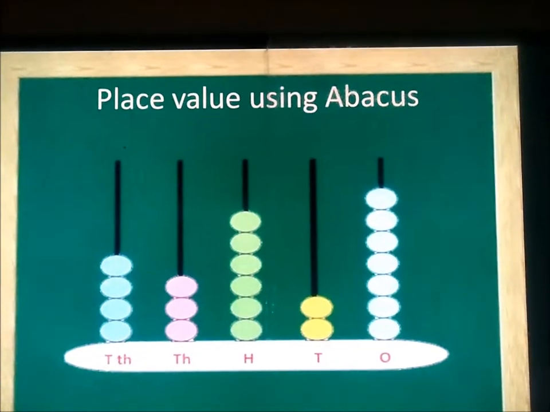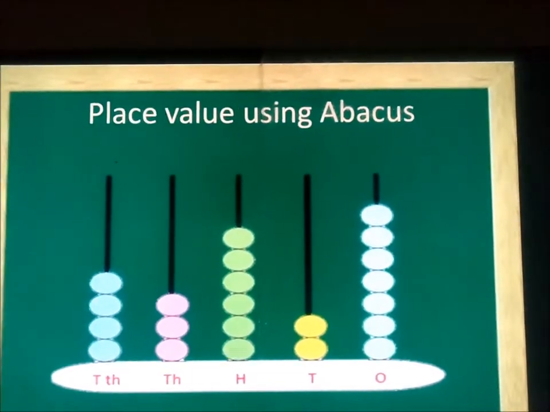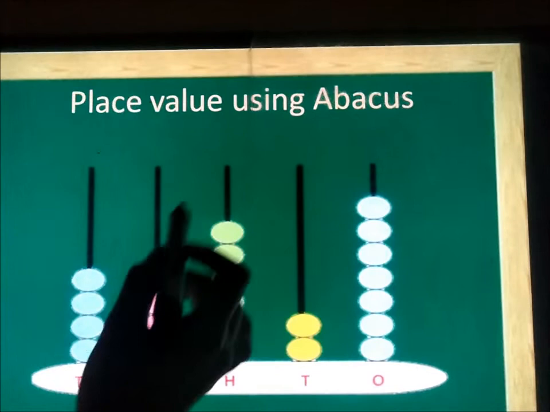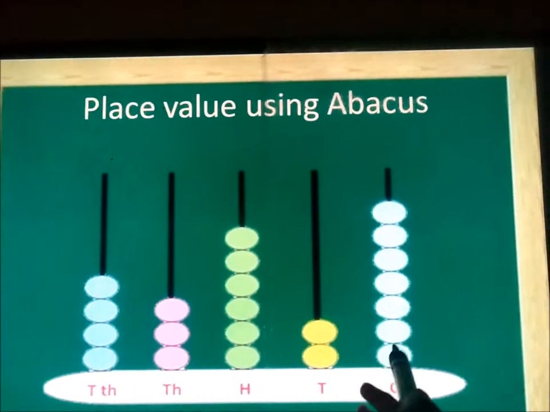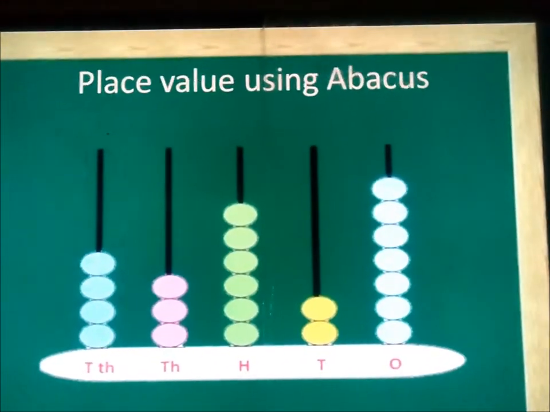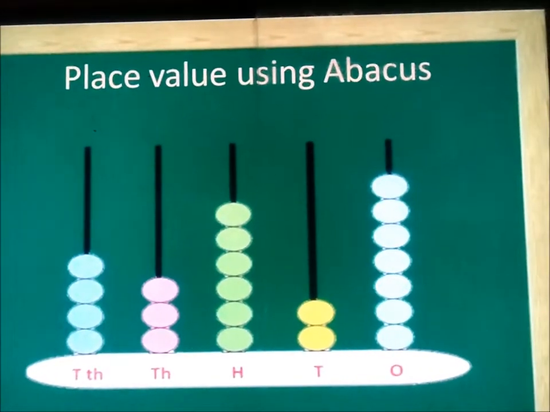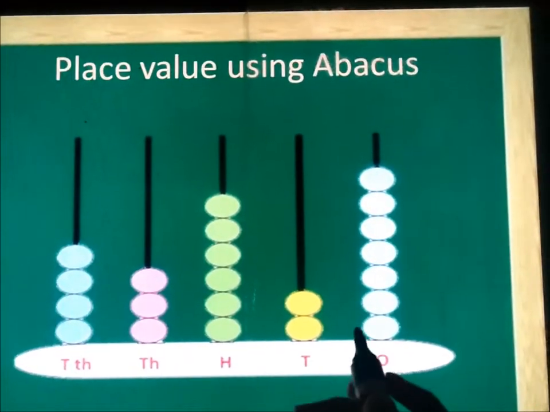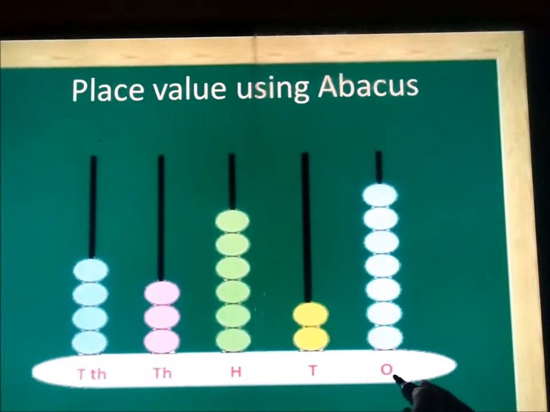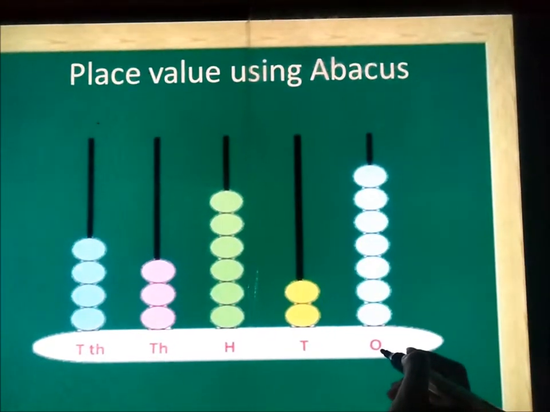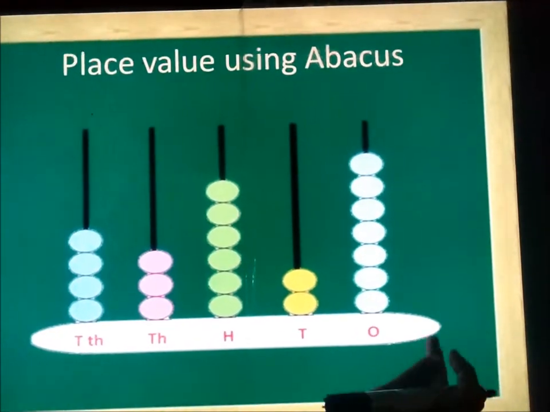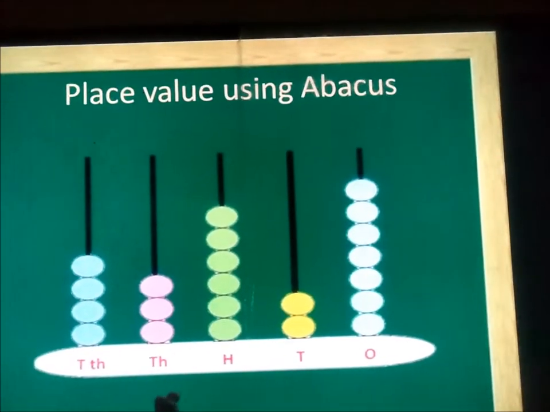Let us learn place value using this abacus model. Each line or stand has a few beads placed. Based on the beads, we will be able to read or write the number. Let us start with ones, and then move on to tens and so on.